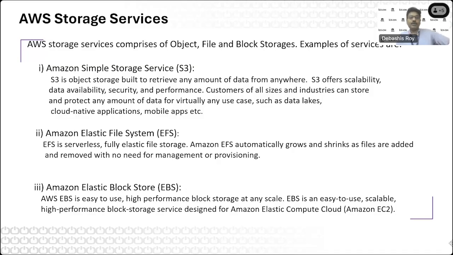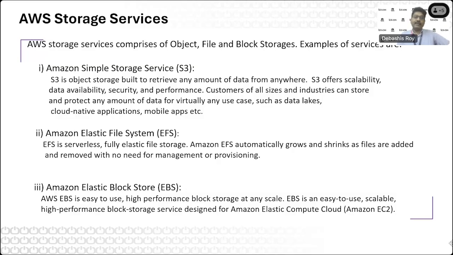Okay. So AWS storage comprises object, file, and block storage. One is Amazon Simple Storage Service, or S3, where everything is stored as an object in a bucket, and you can specify data. Data availability, security, and performance are absolutely on the rise.